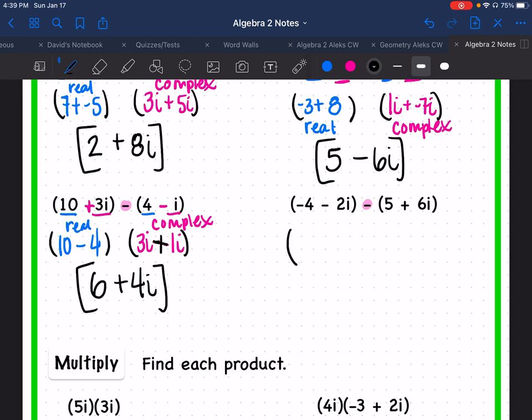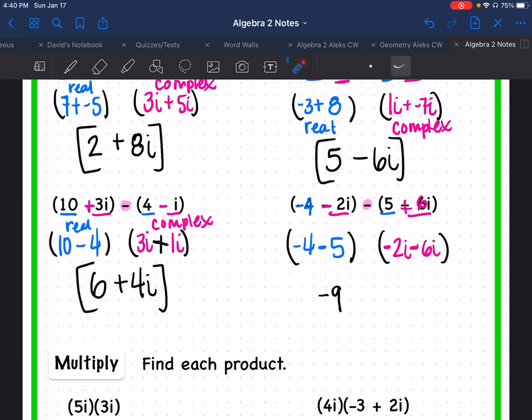Okay, we're going to do the reals and we're going to do the complexes. -4 minus 5. That's -9. Now let's do the complexes. -2i minus, it's +6i. So notice I'm not changing this minus.